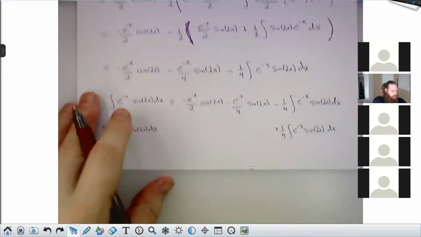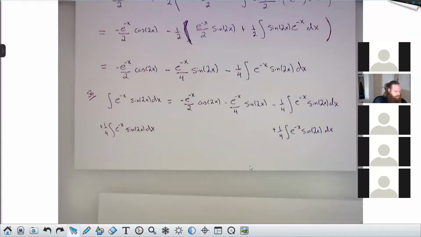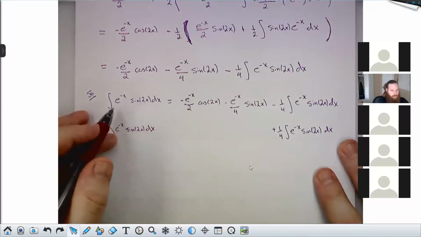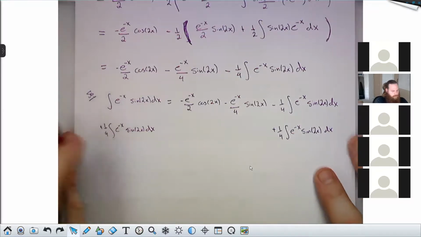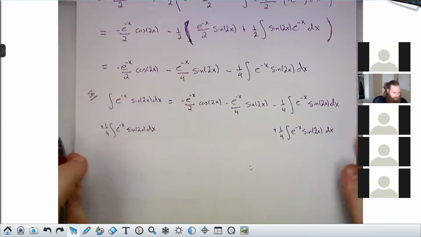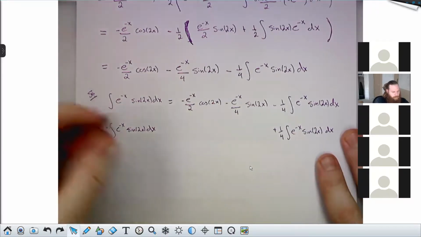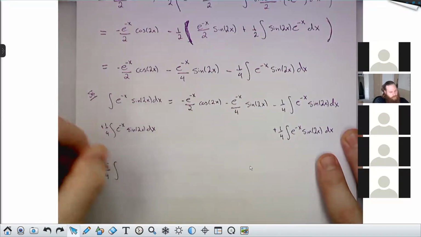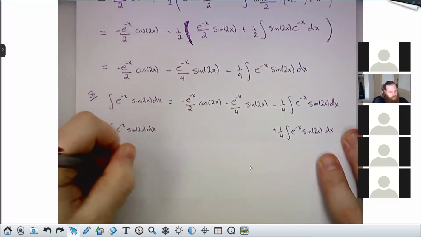So we don't always have a 2 over here. This time, we have something different. If I take one of these integrals and I add 1/4 of these integrals, that's 1 plus 1/4 is 5/4 of those integrals.